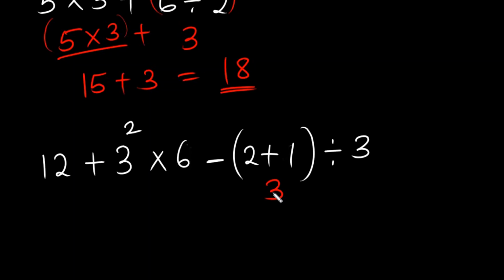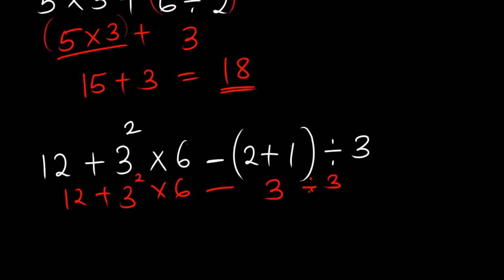So what I would suggest, after you're done with an operation, substitute or replace that operation with the answer and then write the new operation again. So the new operation is going to be 12 plus 3 squared times 6 and then minus 3 divided by 3. Okay, so we are now done with the brackets.